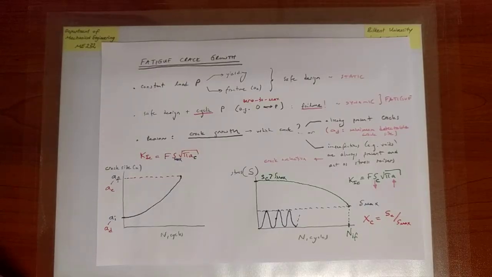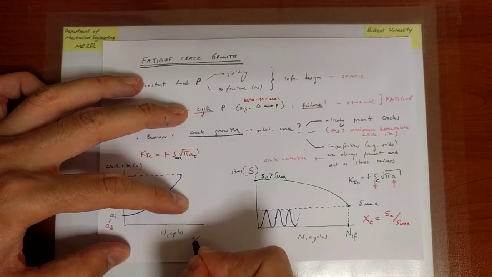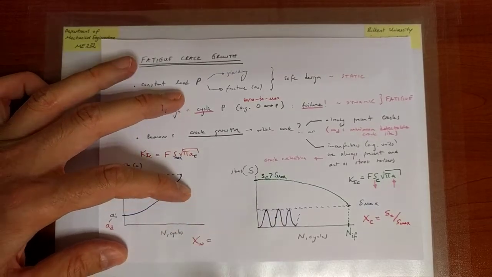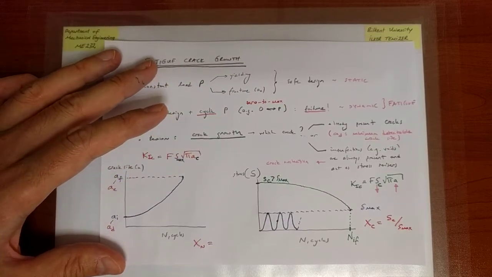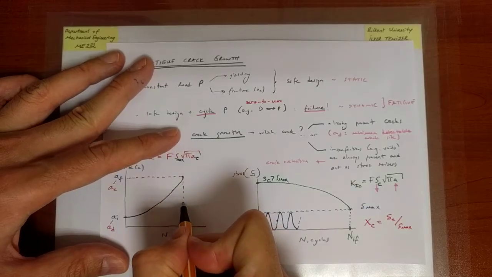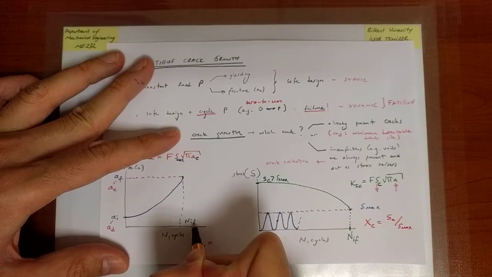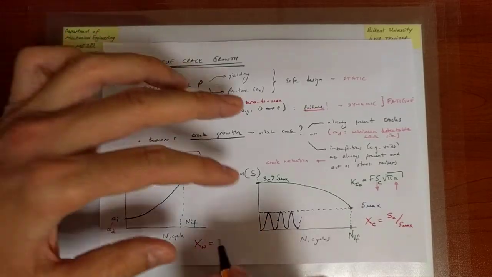Another safety factor you could talk about is the safety factor on life. So what I can do is, at any stage, quantify the following. I've just said that the number of cycles to failure is here. This is NIF.